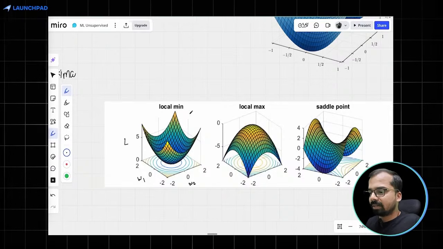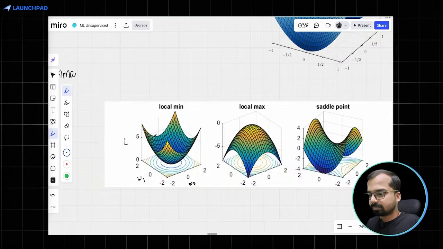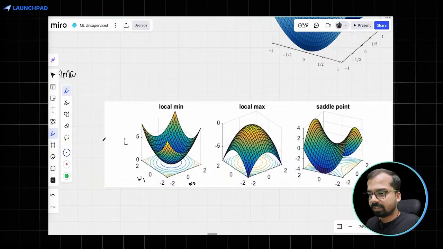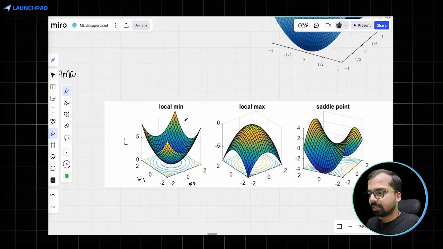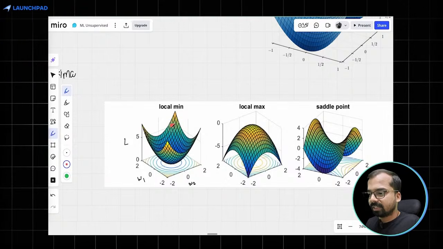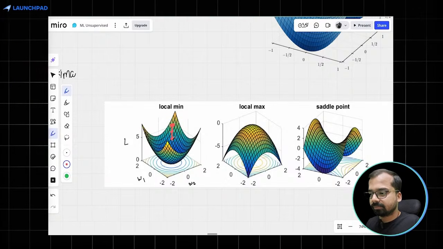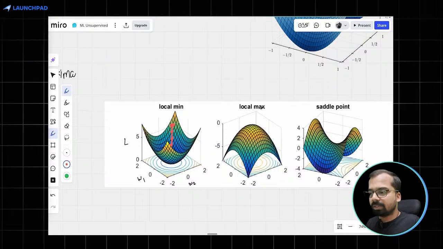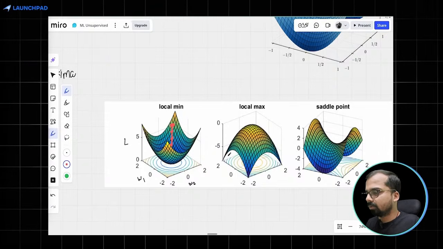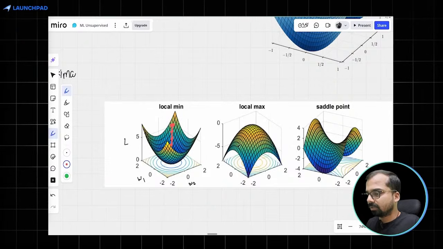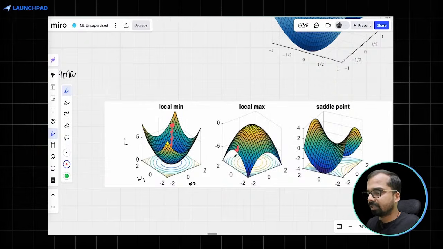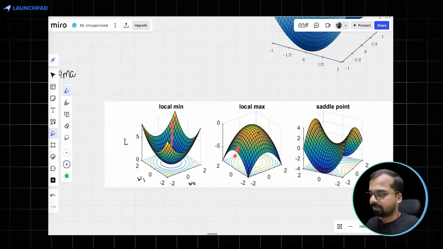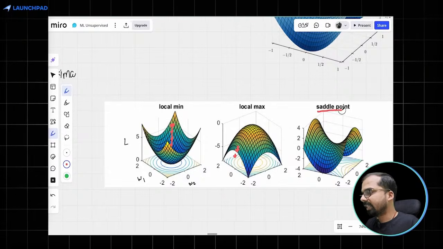So local minima would look something like this. Let's say I started from somewhere, let me change color. Let's say I started from somewhere, I start going downwards, right? This is local minima, right? Local maxima is something like this. So if I start somewhere over here, I'll have to go this side, right? This is also fine. But the problem occurs with saddle points.